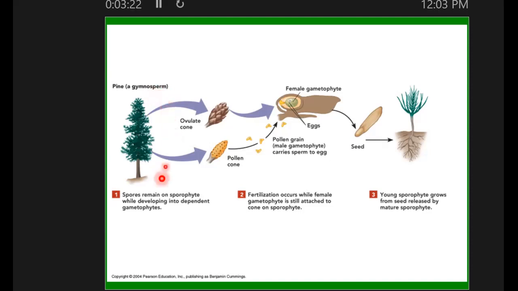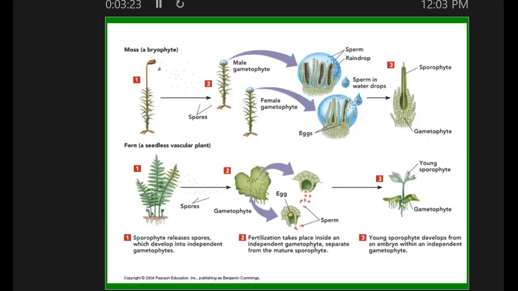So we have a big shift from the previous groups of plants because the spores now will not be released like what we've been saying with the other two groups. Those spores are not released, they actually stay in the sporangium tissue. So the female megaspore is just going to stay hidden away in the sporangium tissue of the sporophyte. And then it'll develop there into the female gametophyte.